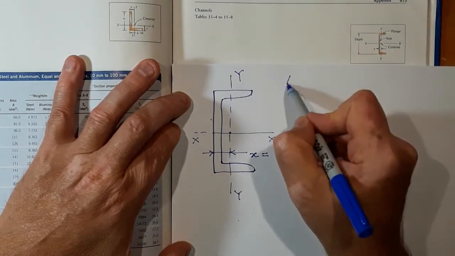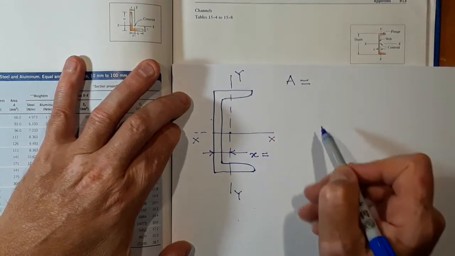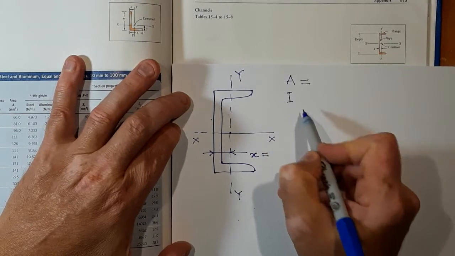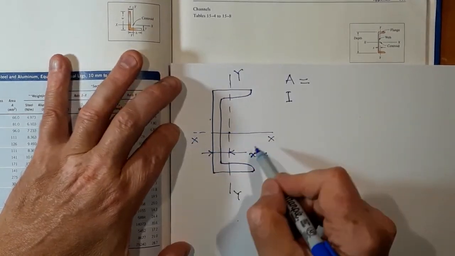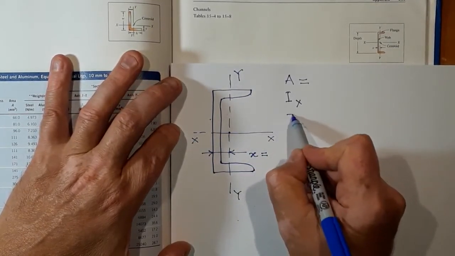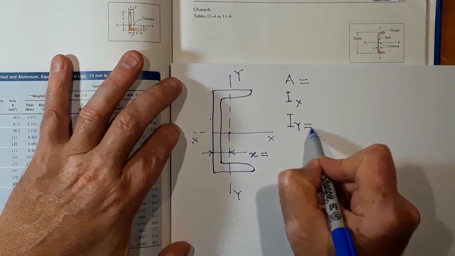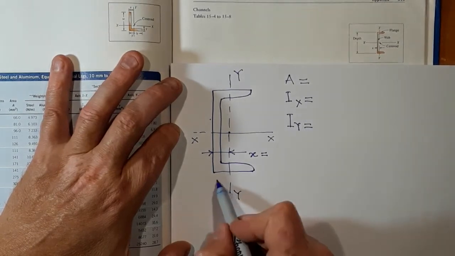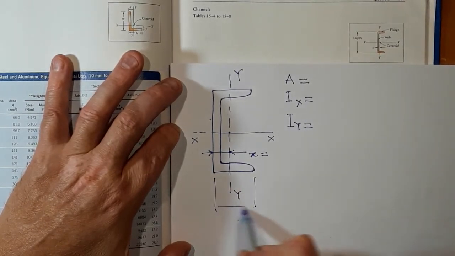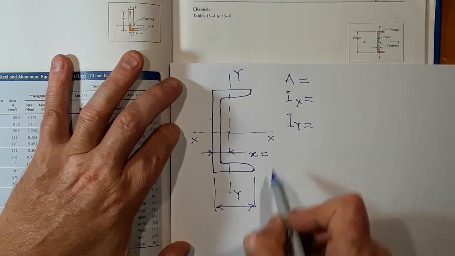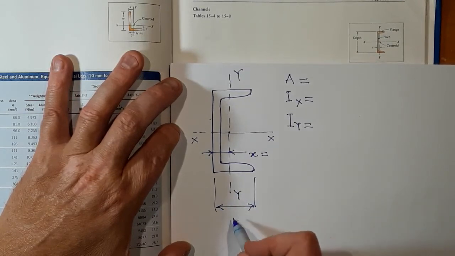In addition, we need the area, and then we need the area moment of inertia about both the x-axis and the y-axis. Also need this value, and this is the width.